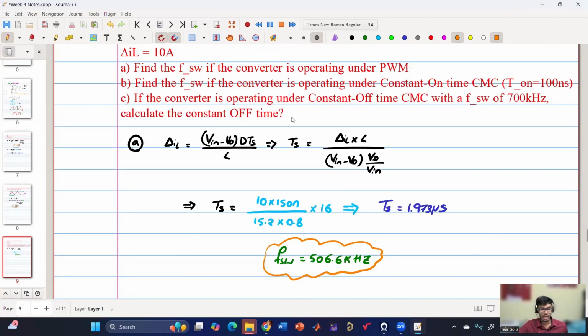Now in the other part, has anyone solved the other part? What will be the switching frequency of the converter if it is operating under constant on-time and the on-time is given as 100 nanosecond? Has anyone solved this? How to proceed for this question?